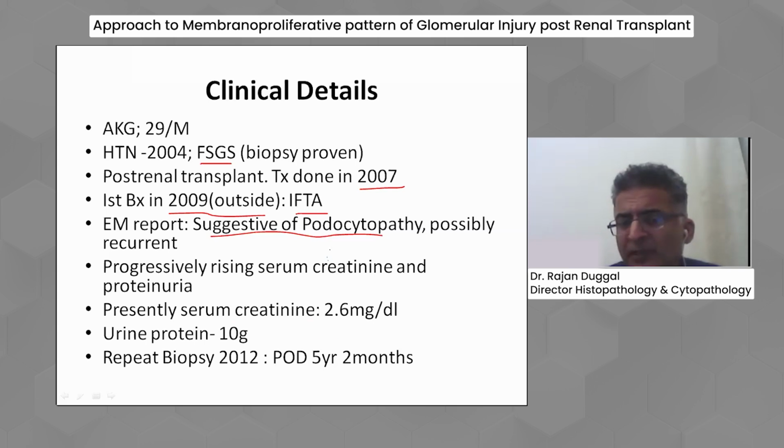After 2009, from 2009 to 2012, this patient had progressively rising serum creatinine and proteinuria, and the creatinine in 2012 was 2.6, and the proteinuria was 10 grams. So a repeat biopsy was done in 2012.